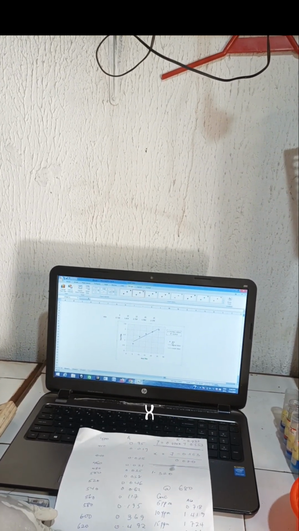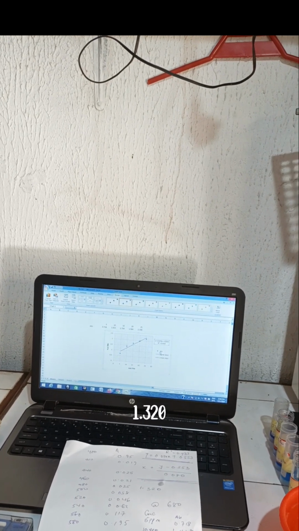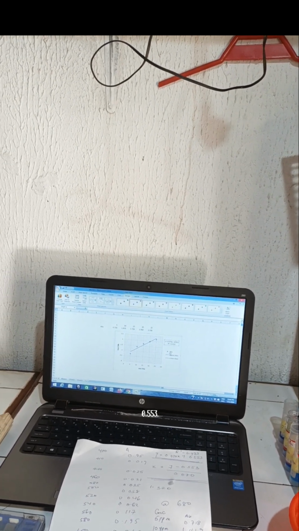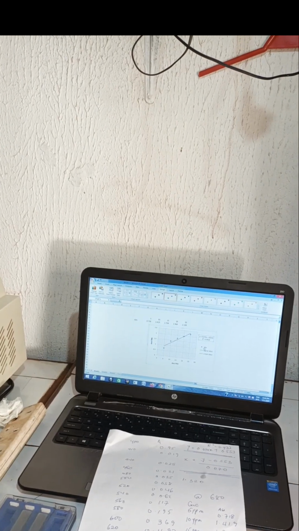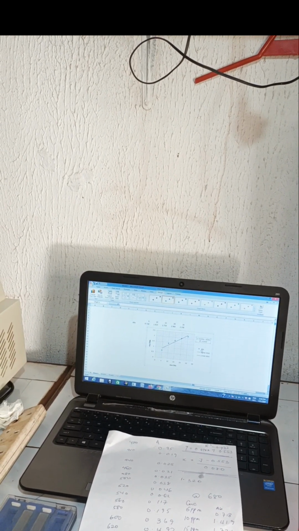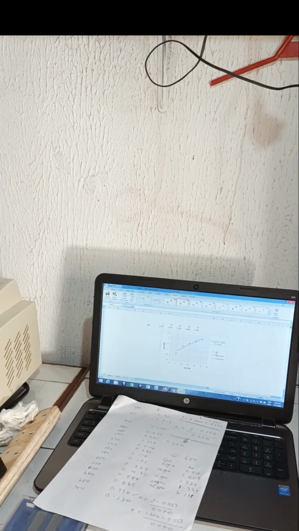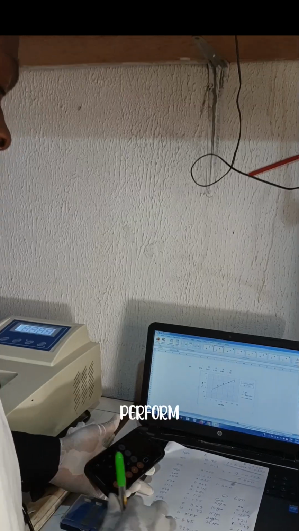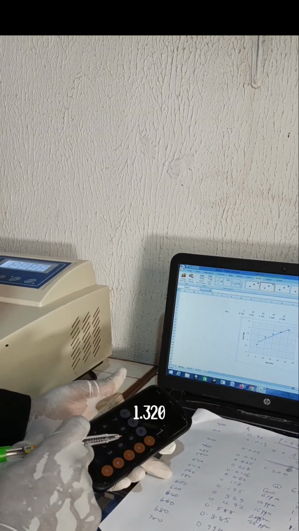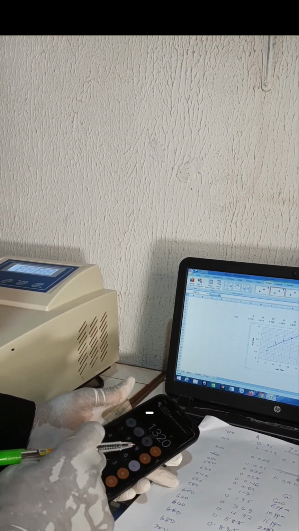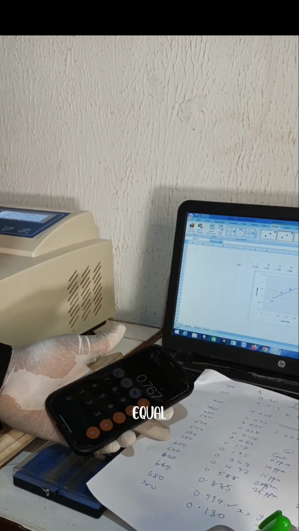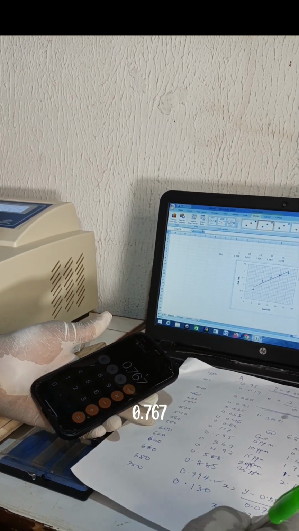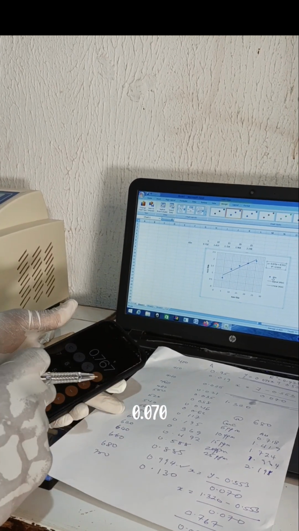Now, if we input this in our equation, x is equal to y minus 0.553 all over 0.070. That means x is equal to, our y is 1.320 minus 0.553 all over 0.070. If we perform that, 1.320 minus 0.553 will be equal to 0.767, all over 0.070.